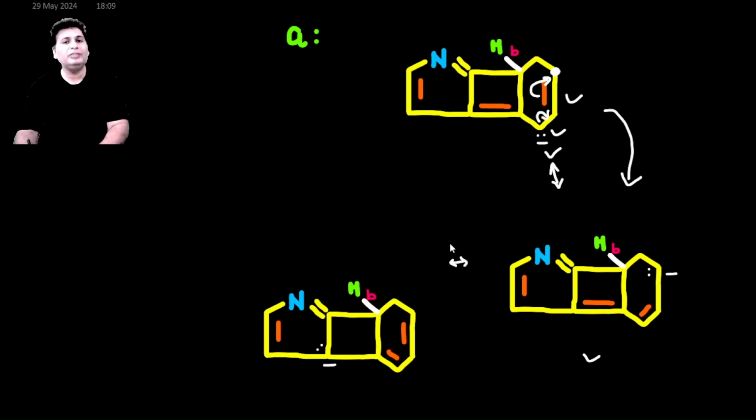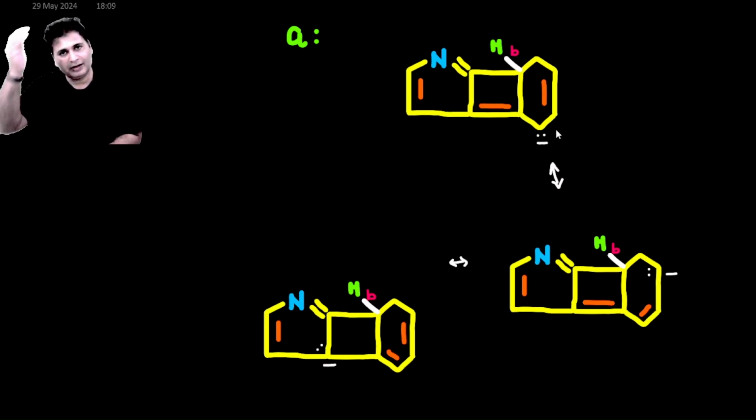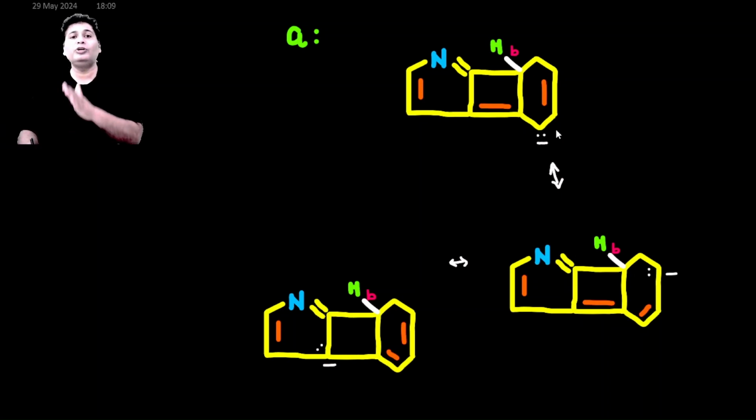Now, is there any other possibility left for delocalizing the negative charge? Yes, and it's very important to see. Now, instead of delocalizing this minus charge to the right hand side, let us try to delocalize it to the left hand side. Once you see this possibility, you find that yes, it is possible. How? Minus charge, single bond, double bond.